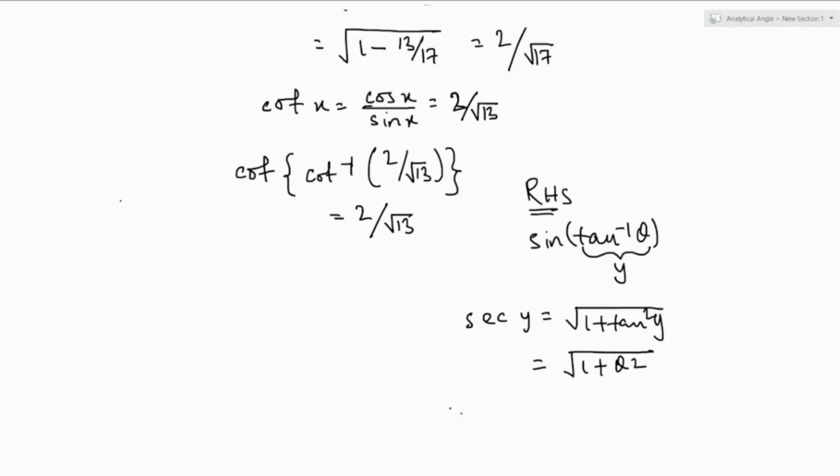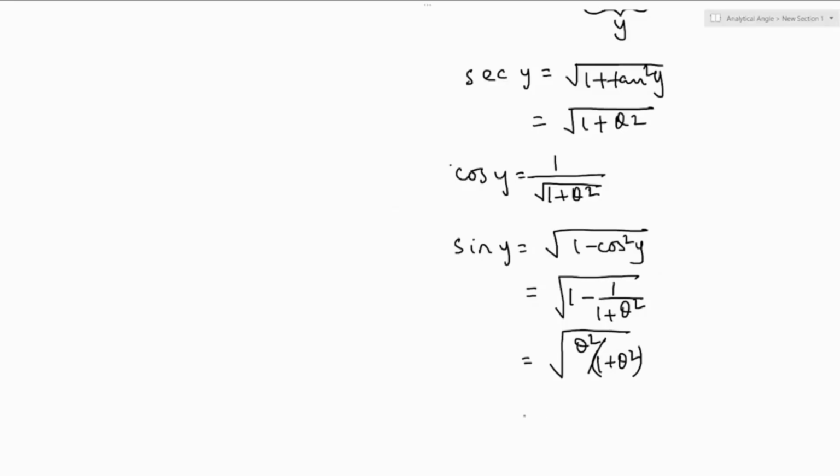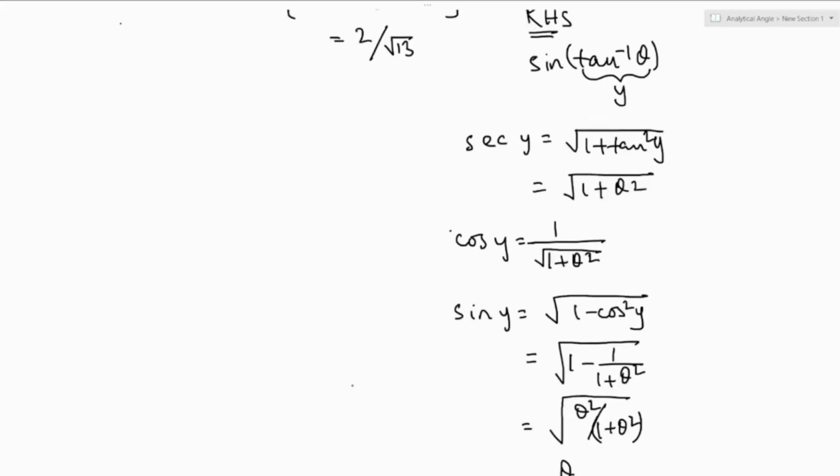Now cos y will be just the reciprocal, that is 1 by root of 1 plus theta square, and if we remove the root, it becomes theta by root over of 1 plus theta square. So what does this finally become?